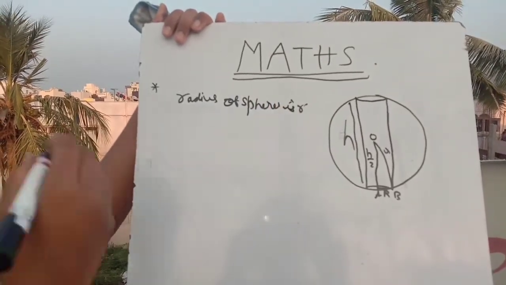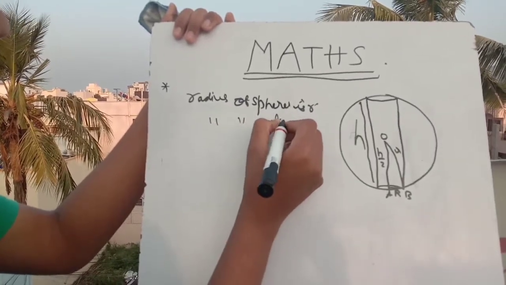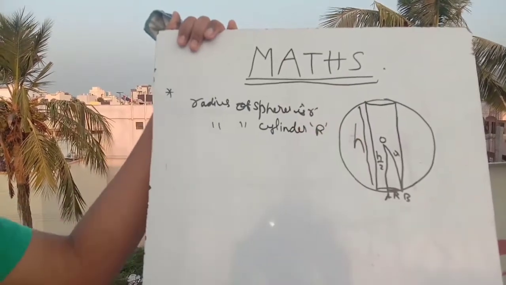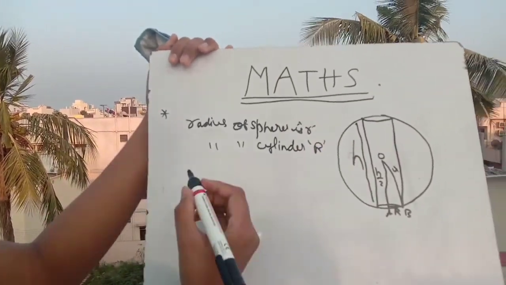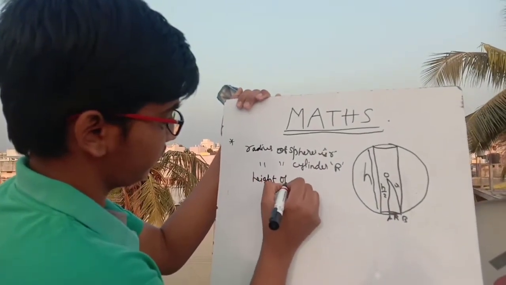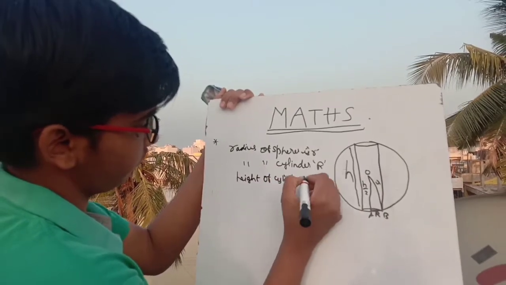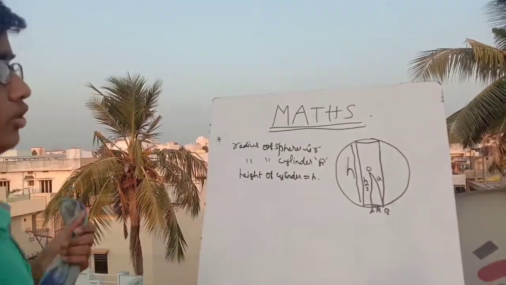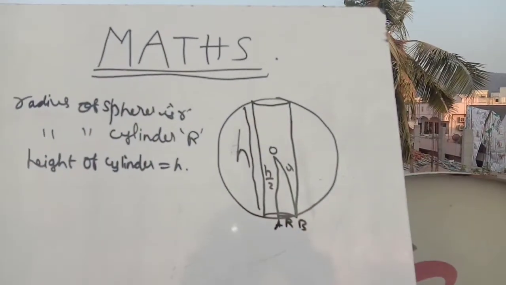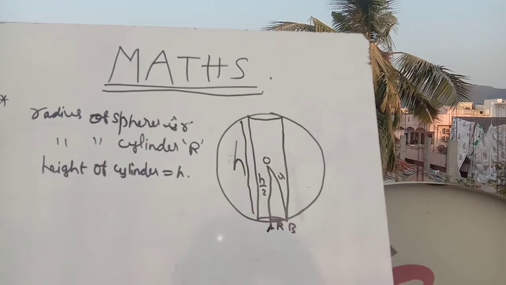The radius of the cylinder is capital R, and the height of the cylinder is h. In the diagram, a sphere with center O has a cylinder inscribed inside it.